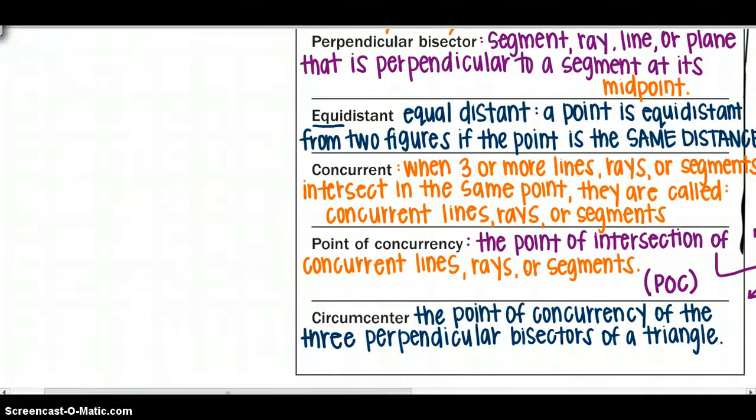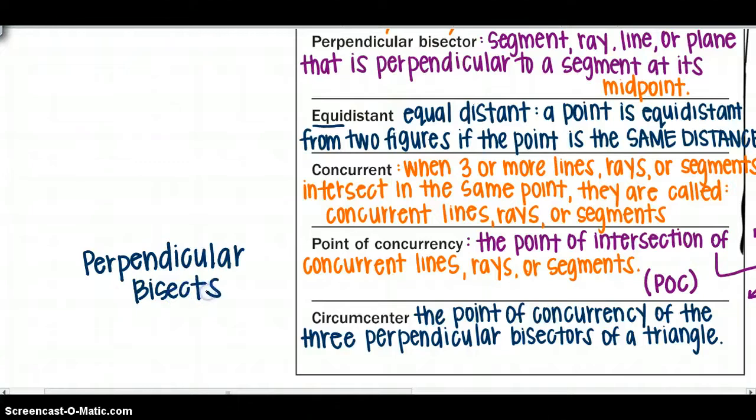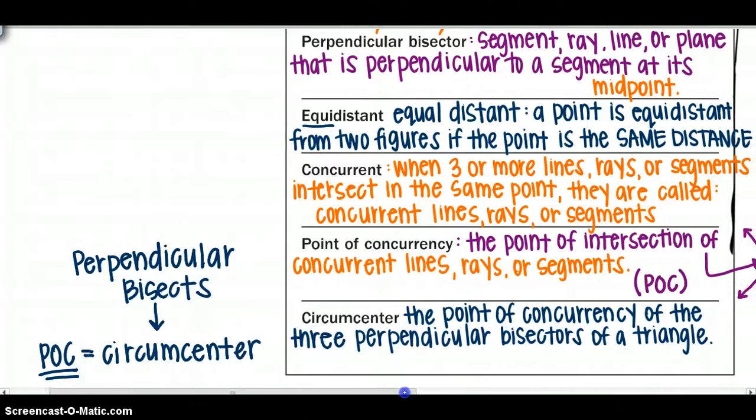Something we need to remember: the perpendicular bisectors of a triangle have the point of concurrency called the circumcenter. That'll be important because we'll have a few different points of concurrency that go with the next few sections.